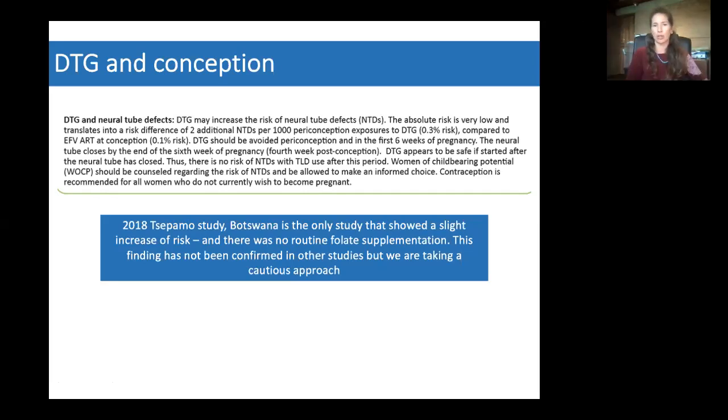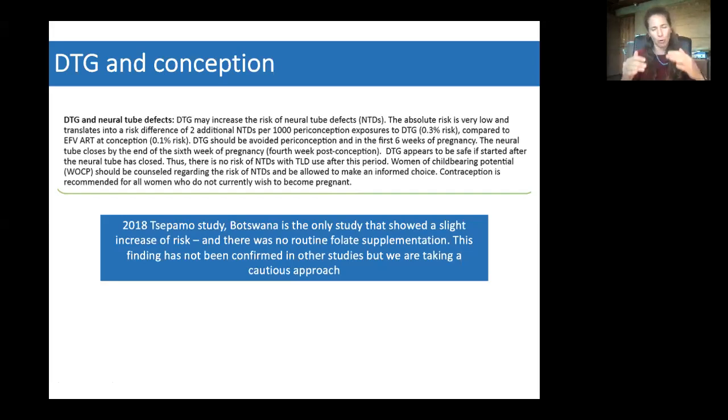And one of the things they looked at specifically was congenital abnormalities. And so early on in the study, when they still did not have very many numbers of women falling pregnant on dolutegravir, there was a scare in terms of a risk of neural tube defects. Now, even then, we knew that the study was not big enough, not enough power to tell us if that was actually a true result, but the WHO didn't want to take any risks.